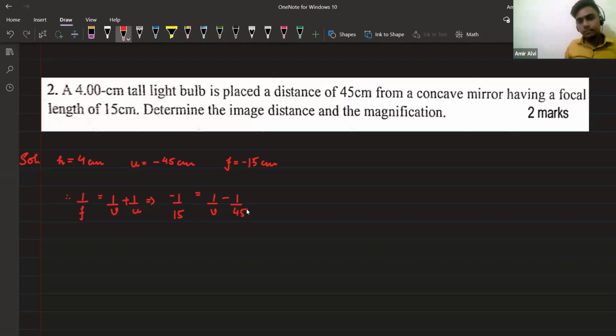Clear, children? 1 by v is equals to positive 1 by 45 minus 1 by 15. Clear? Because I'm shifting 1 by 45 on the left hand side. Yes, sir. Okay.